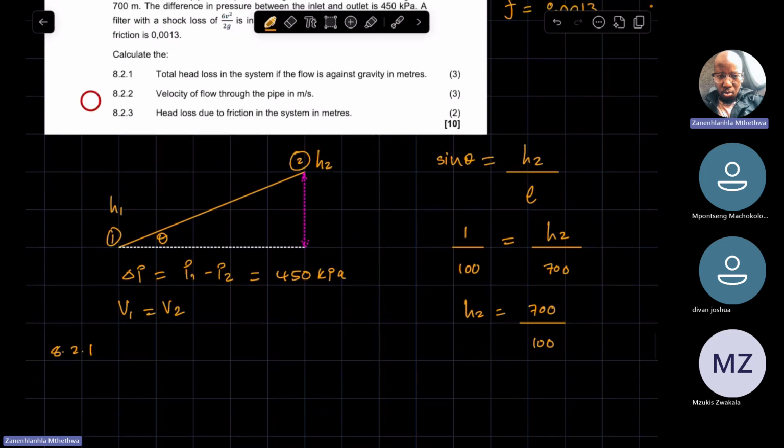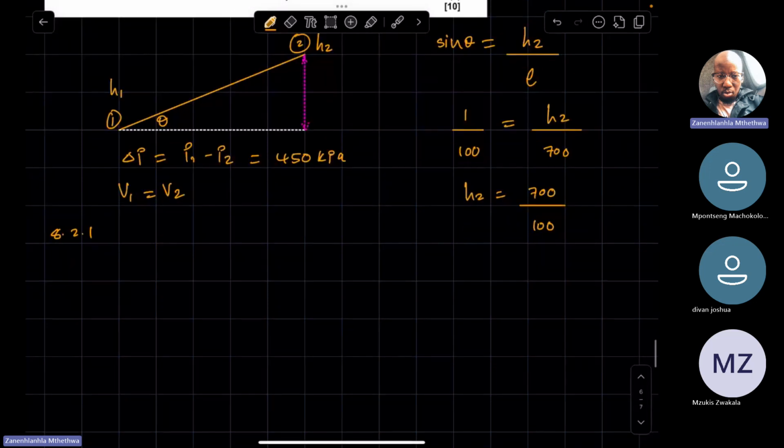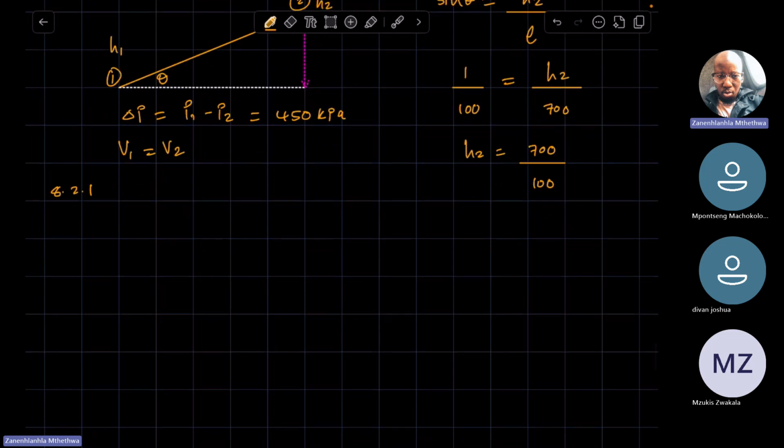All right, so they want us to calculate total head loss. To calculate your total head loss, you simply use Bernoulli's equation. For instance, if we use the energy per unit volume, this is what you'll get. The energy at inlet will be P1 plus half rho V1 squared plus rho g H1.